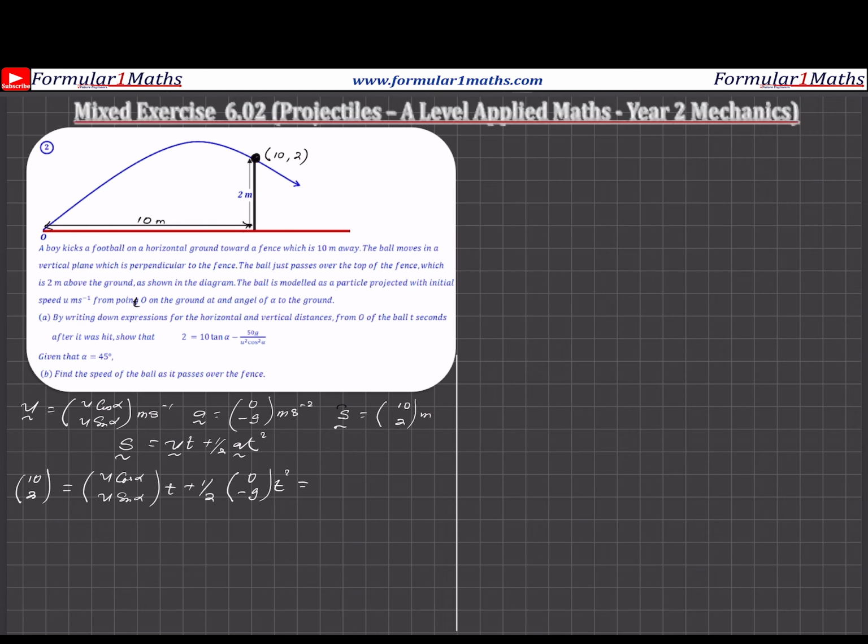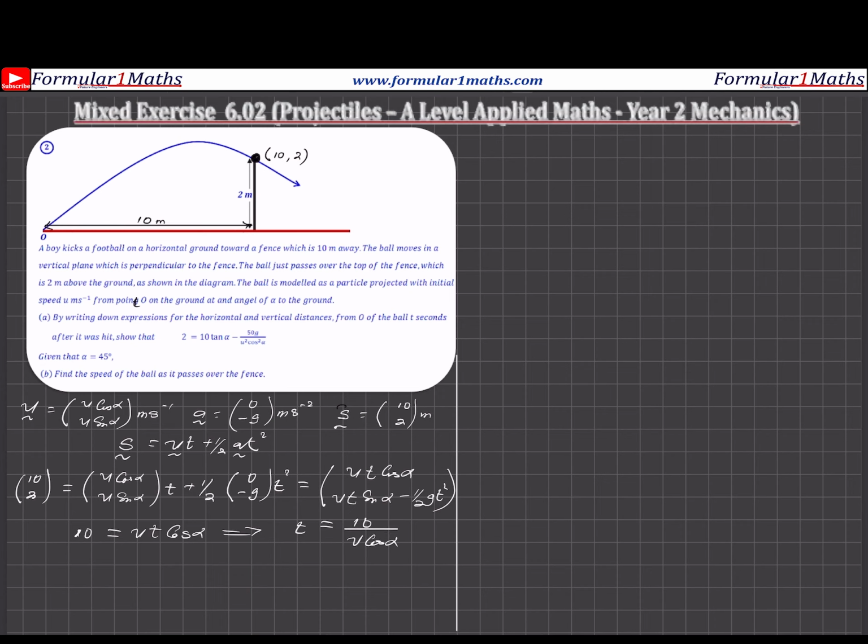This will simplify to ut cos alpha, and for the vertical component you have ut sine alpha minus half g t squared. So we can see that for the horizontal component we can have 10 equals to ut cos alpha, which implies that t is equals to 10 over u cos alpha.